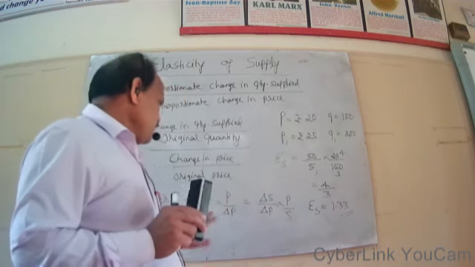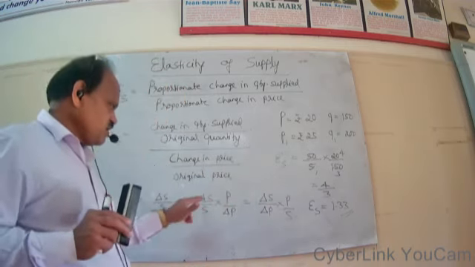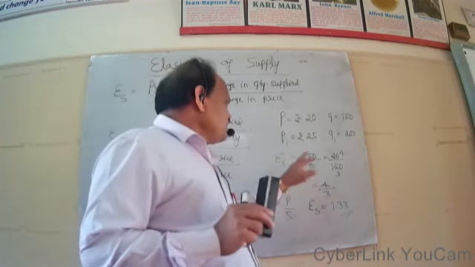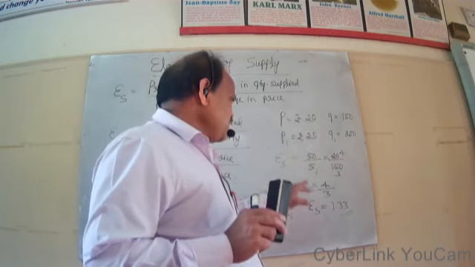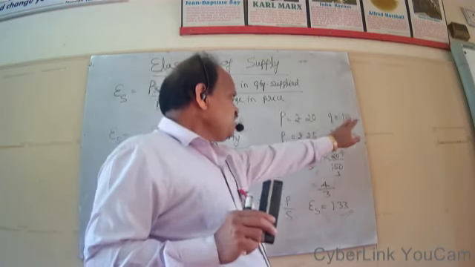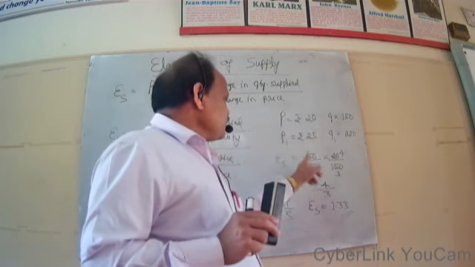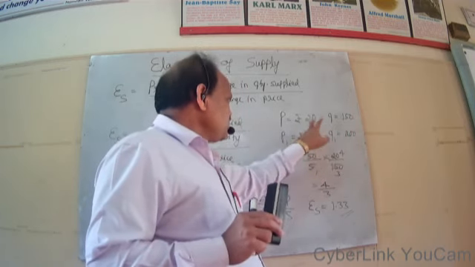ES is equal to, apply this formula, delta S upon delta P into P by S. Here change in quantity supplied is 50 units. It means 150 became 200. So 50 is the change. Delta P, change in price, 20 became 25.